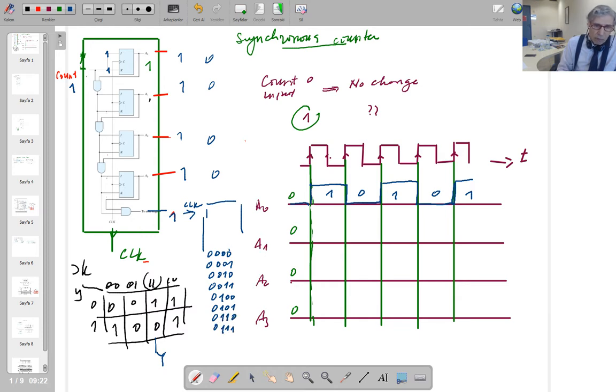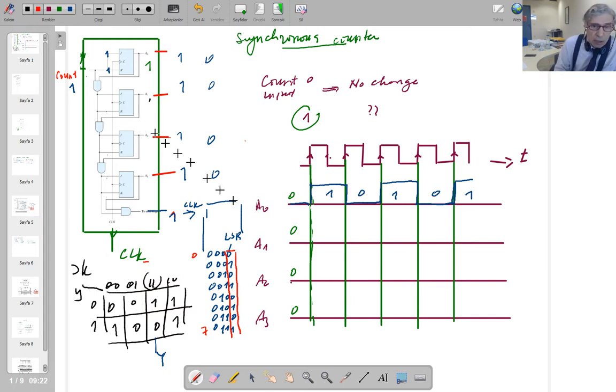You see the least significant bit here. I'll use a different color, let me use red. This least significant bit goes as zeros and ones, isn't it? When you are counting from 0 to 7, it goes 0, 1, 0, 1, like that.